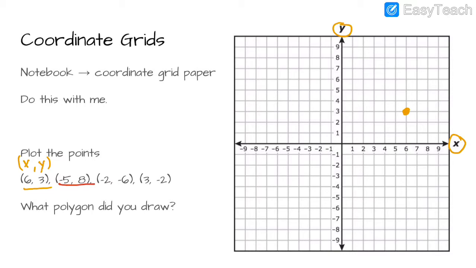So we're going to go to the left 5. 1, 2, 3, 4, 5. There's negative 5. And we need to go to 8, which is positive, so we're going to go up. 1, 2, 3, 4, 5, 6, 7, 8. That's where we're going to put our second dot.